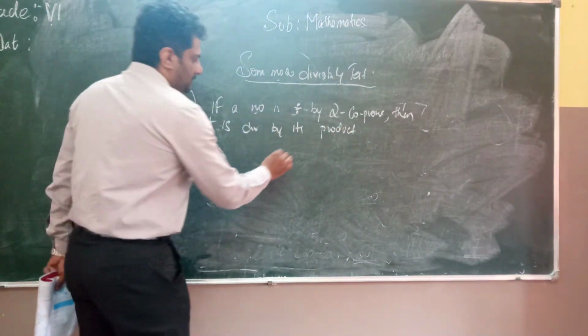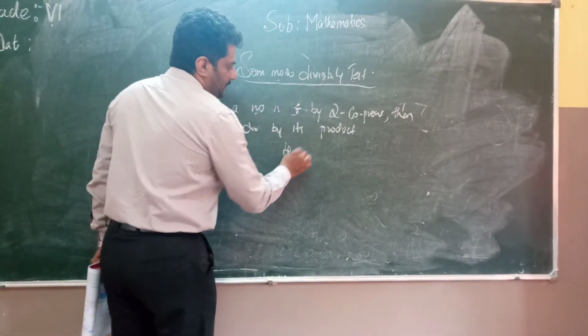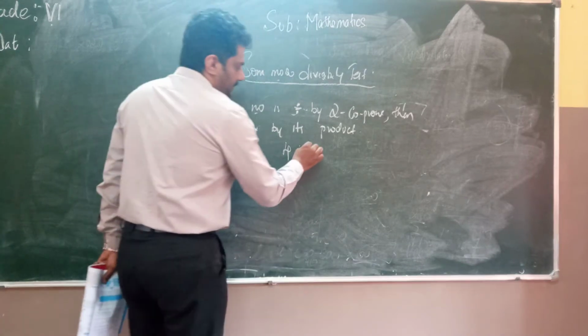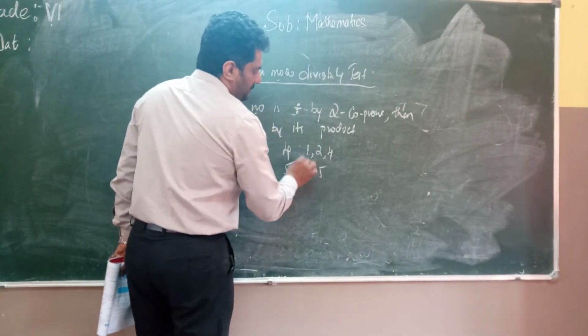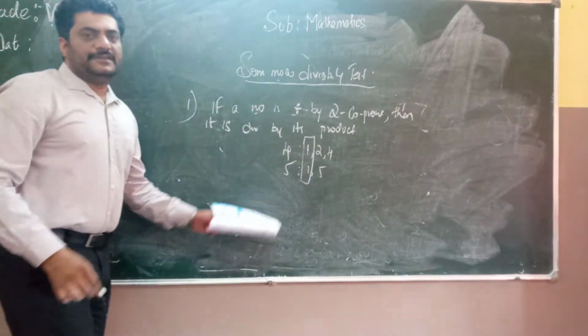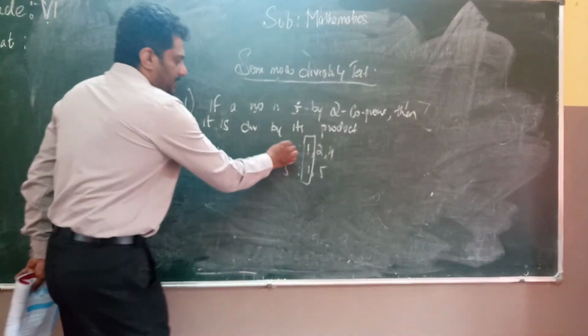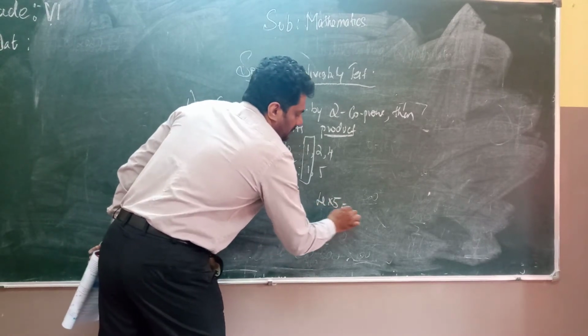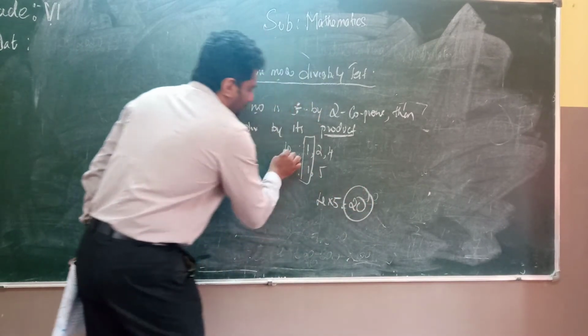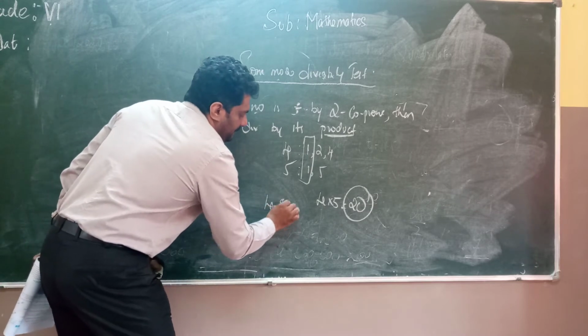That means 4 and 5. Are they coprime? Let's check. 1, 2, 4. 1, 5. See here? 4 and 5 are coprime. That means the product 4 into 5 is equal to 20. 20 is divisible by 4 and 5.